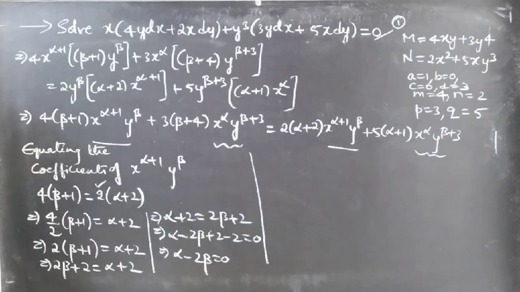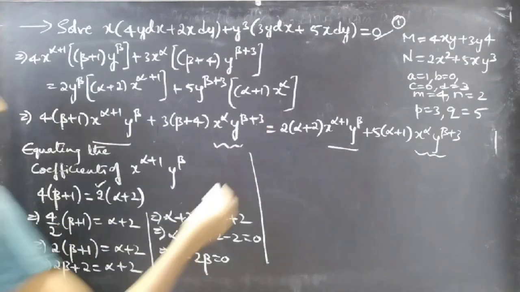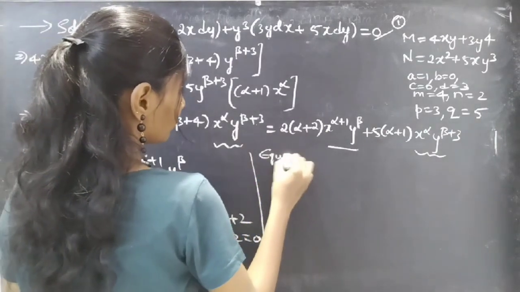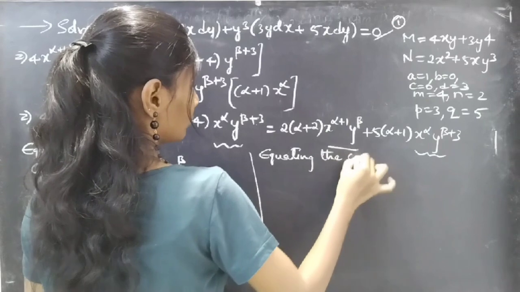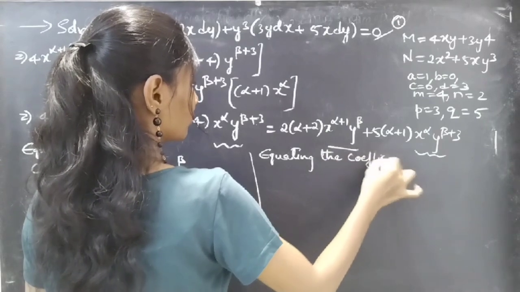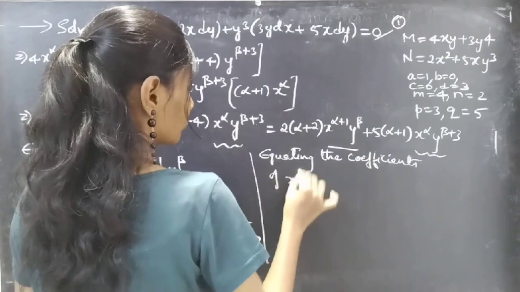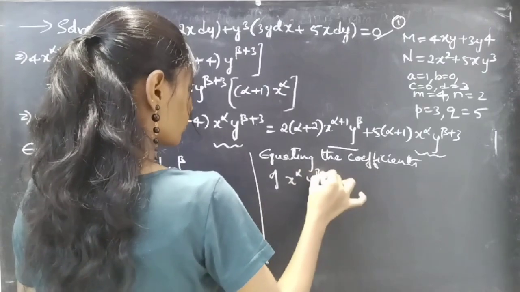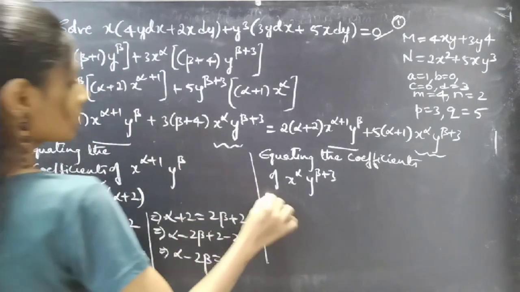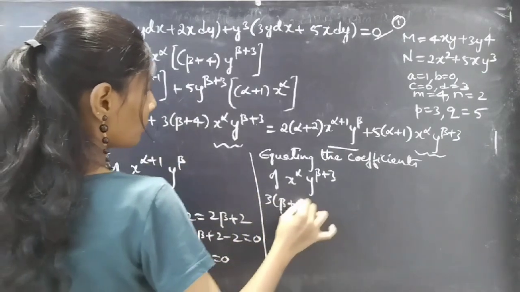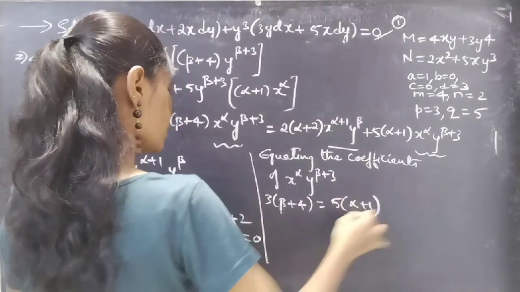Now equating the equations of x power alpha y power beta plus 3, which gives us 3 times (beta plus 4) equal to 5 times (alpha plus 1).